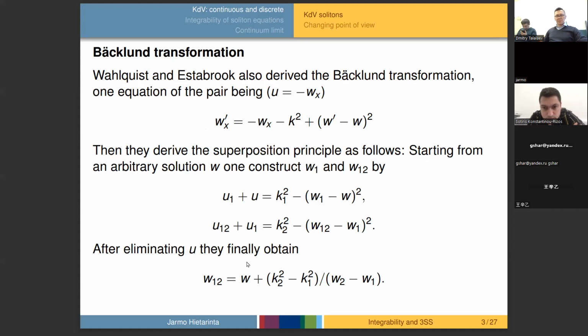And then they consider several cases of this kind of relationship. U is again the one that contains the derivative. So we can have here a background solution and parameter K1, and then we construct a one-soliton solution with this parameter.